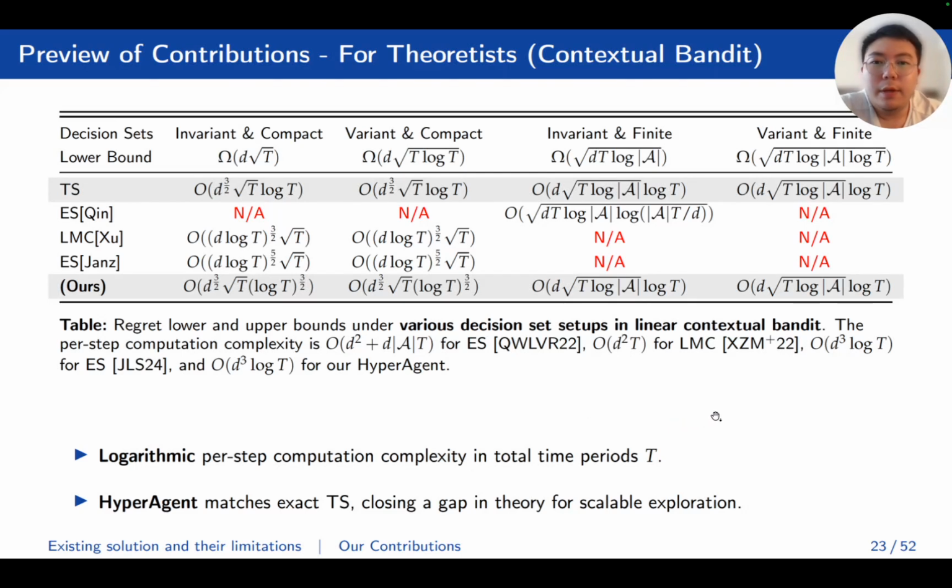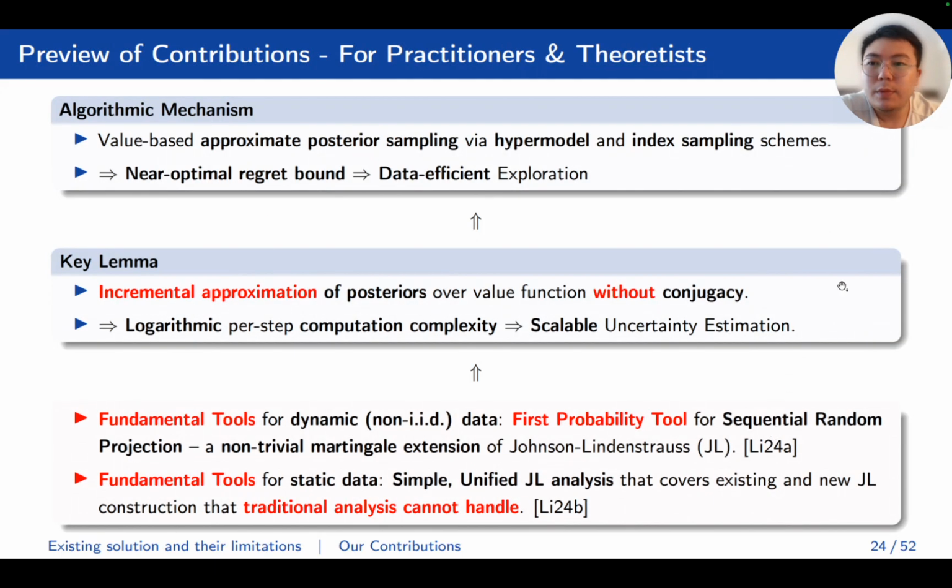And also this works for various setups of decision sets. The key mechanism is that we provide an approximate posterior sampling algorithm based on hypermodel and index sampling schemes, such that it achieves data-efficient exploration.